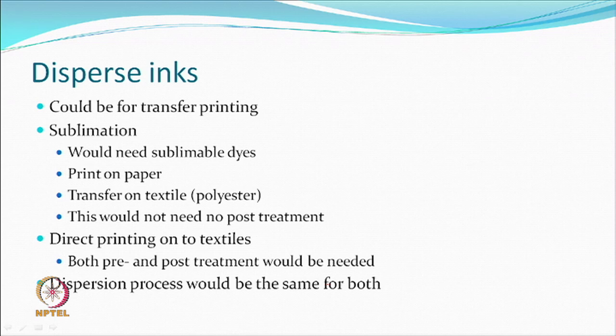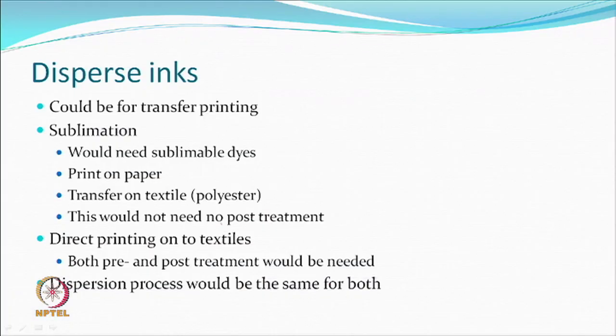The other is direct printing onto textiles. In case you are doing only sublimation, then at least the post-treatment is not so much required. But when you do direct printing onto textiles, both pre-treatment and post-treatment would be needed. As far as the process of dispersion is concerned, it is the same for both types of inks.